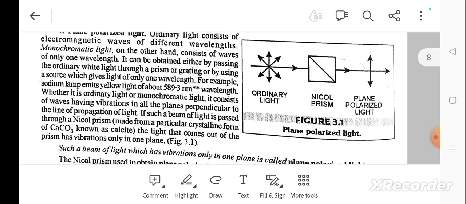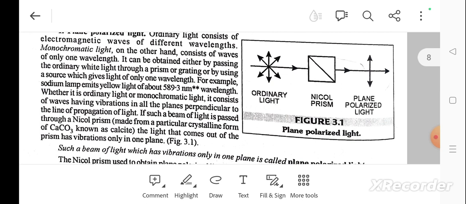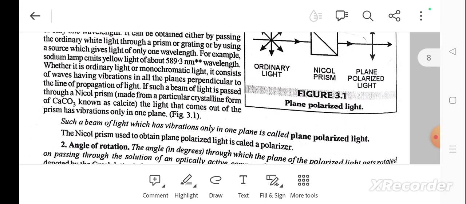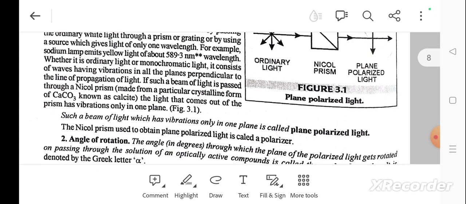Whether it is ordinary light or monochromatic, it consists of waves having vibrations in all planes perpendicular to the line of propagation of light. If such a beam of light is passed through a Nicol prism made from a particular crystalline form of CaCO3 known as calcite, the light that comes out of the prism has vibration only in one plane.